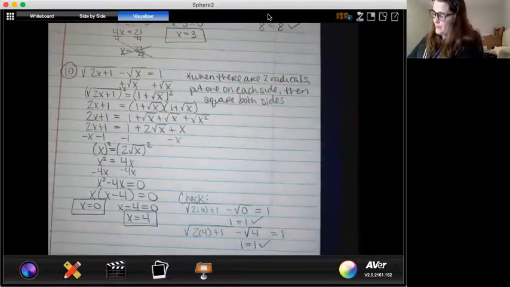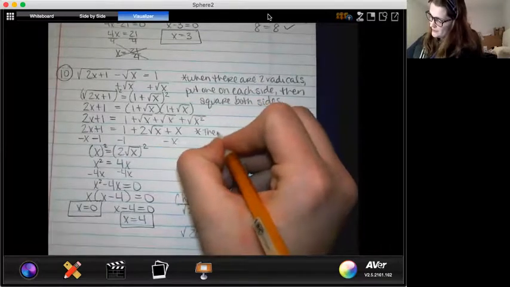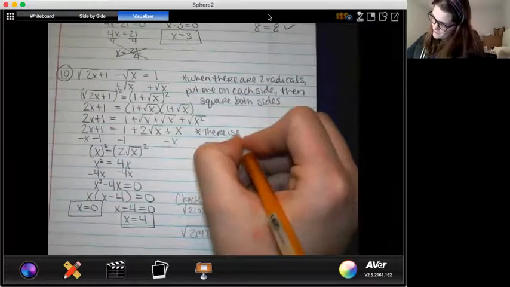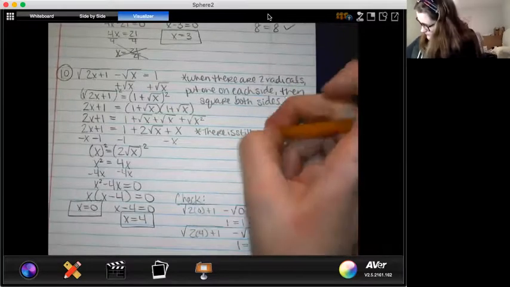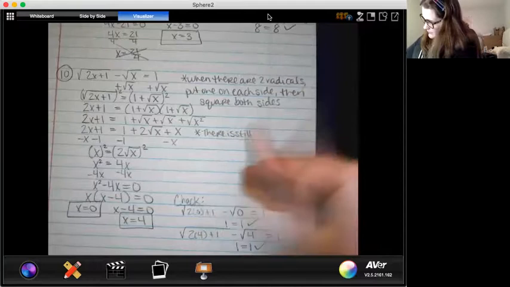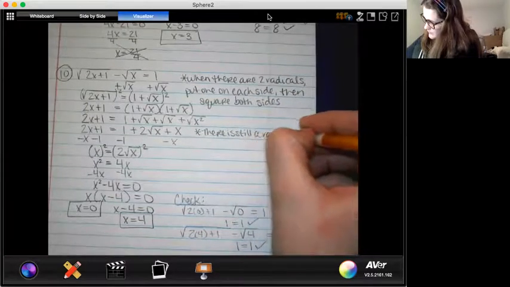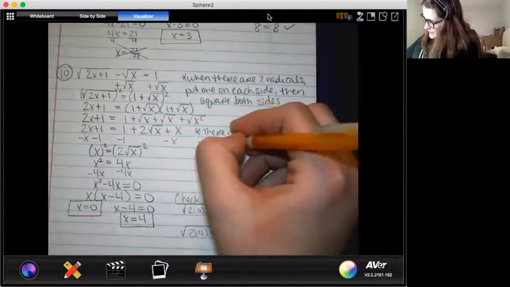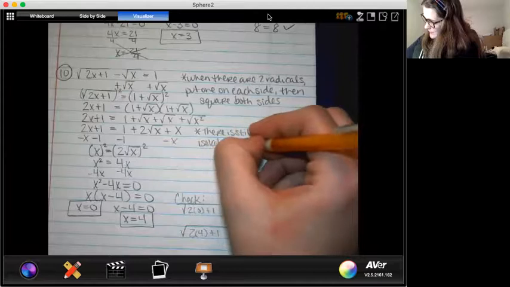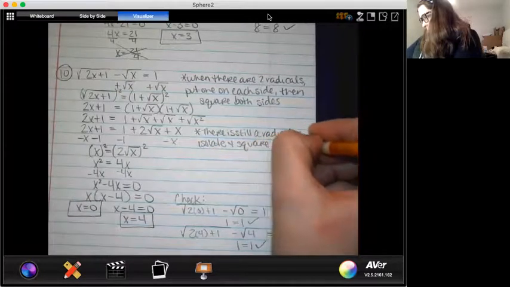Then at this point, there's still a radical. So you're going to isolate and square both sides again.